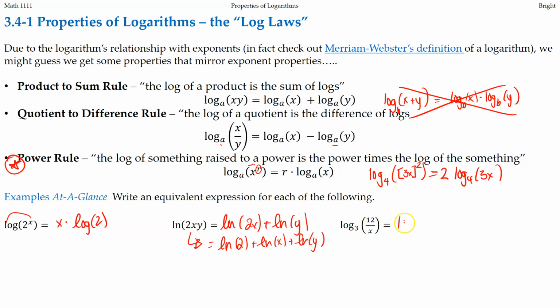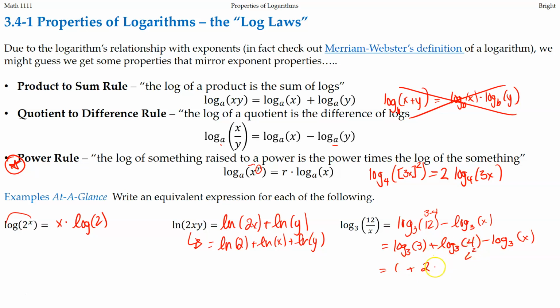And for this last one, you could do log base 3 of 12 minus log base 3 of x, and this again meets the criteria, but you could also say that 12 is 3 times 4 or 6 times 2, but 3 times 4 happens to work out pretty nicely, because you would get log base 3 of 3 plus log base 3 of 4, minus log base 3 of x, and then this first one is 1. 4 you can write as 2 squared, and if it's 2 squared inside, the 2 would come out in front, and so you'd have 2 log base 3 of 2, and then minus log base 3 of x.